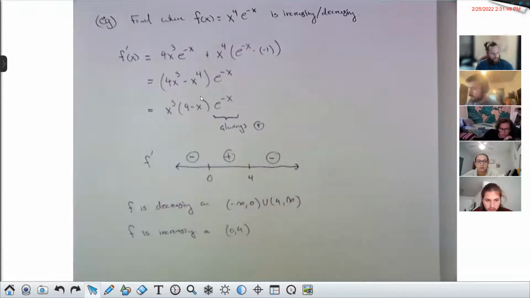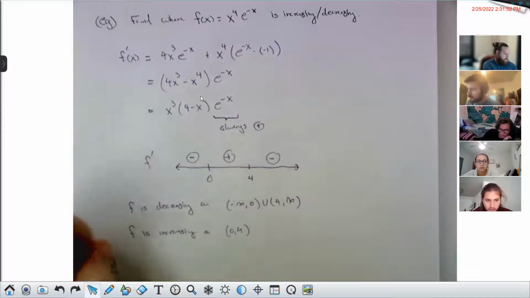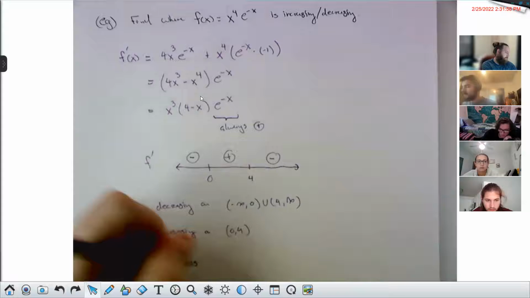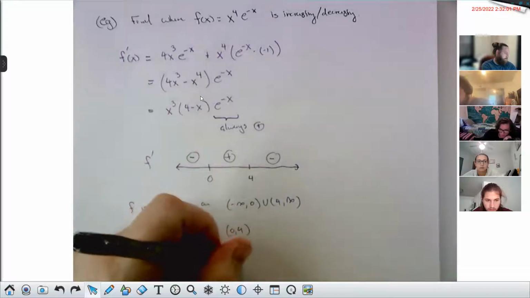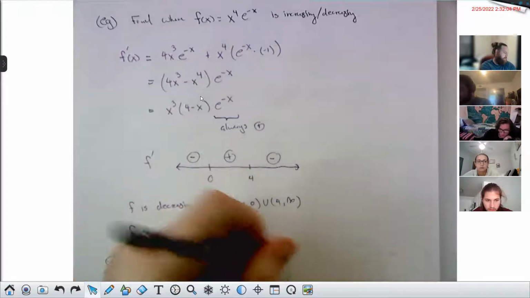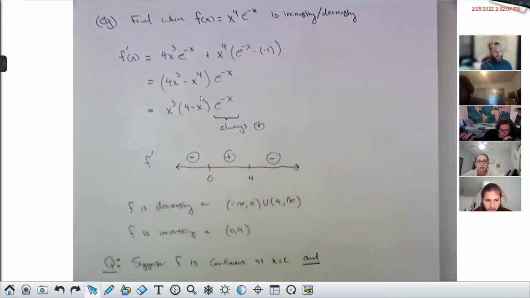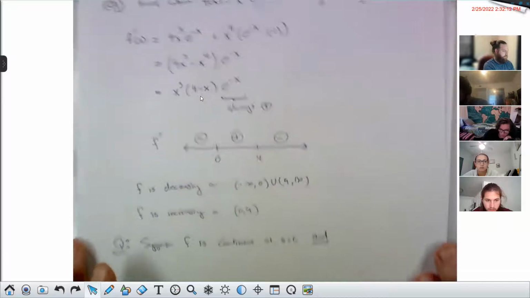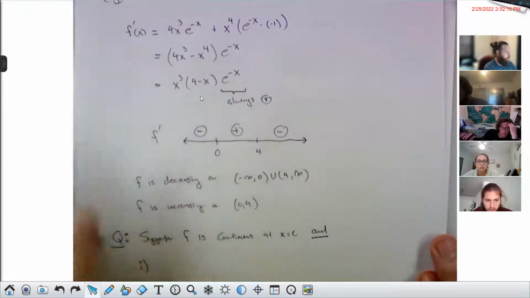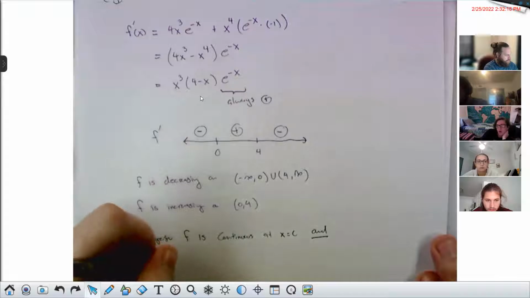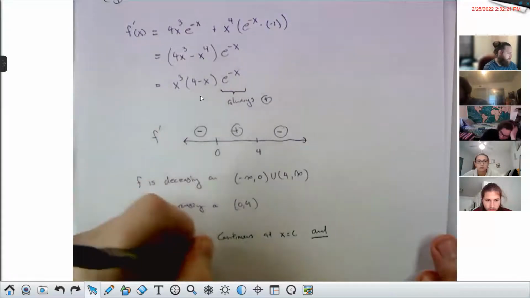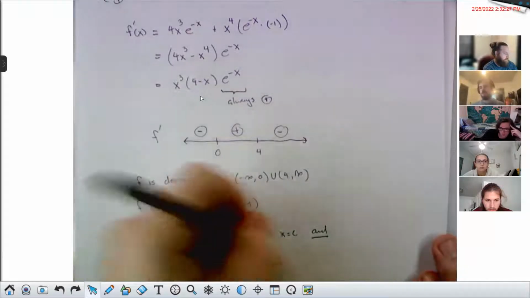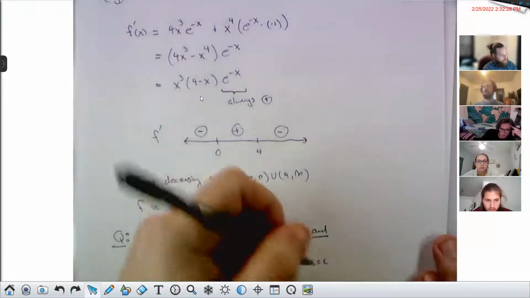Question. Suppose f is continuous at x equals c and that f changes. I'll give you two different possibilities here. 1: f switches from increasing to decreasing at x equals c.